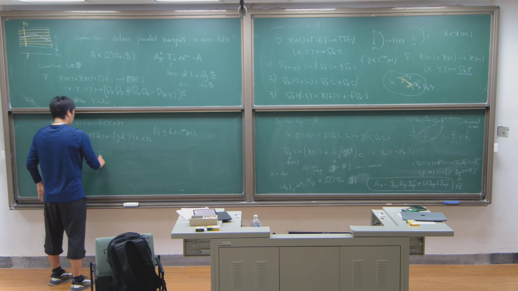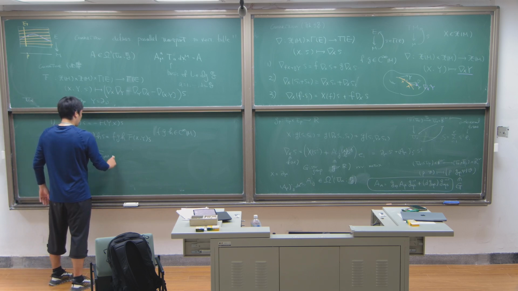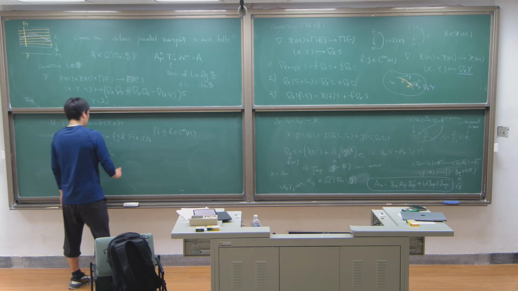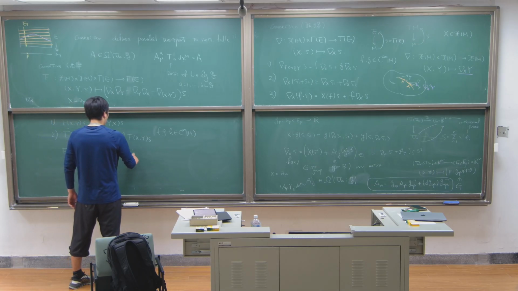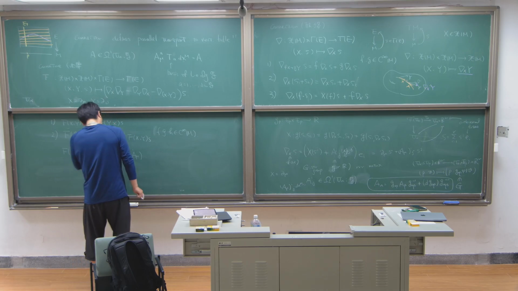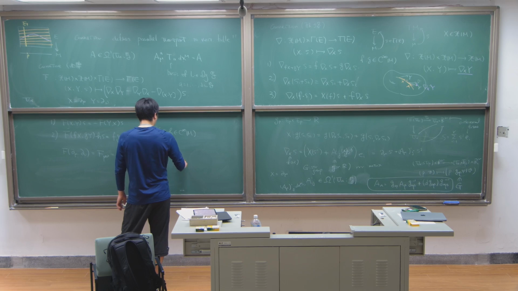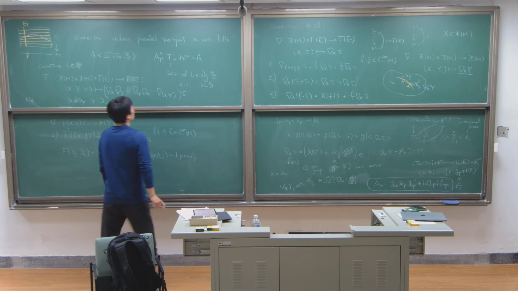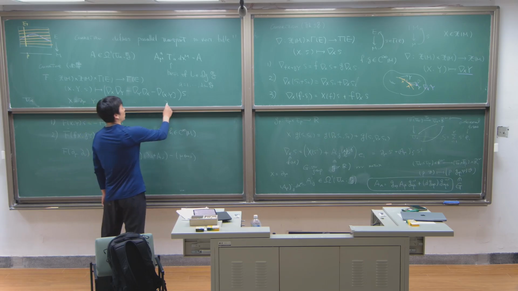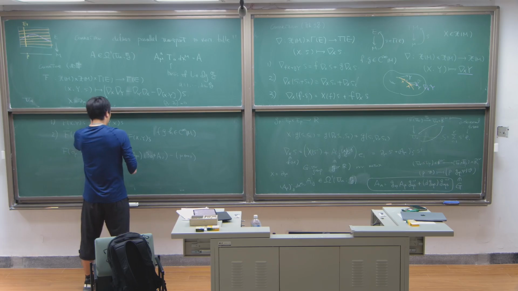Physicists write it like this, and essentially this is partial mu plus A_mu, and then plus partial mu, and mu and nu are exchanged. But partial mu and partial nu commute, so it is equal to 0. So you can ignore this one. Then what you have is the following.